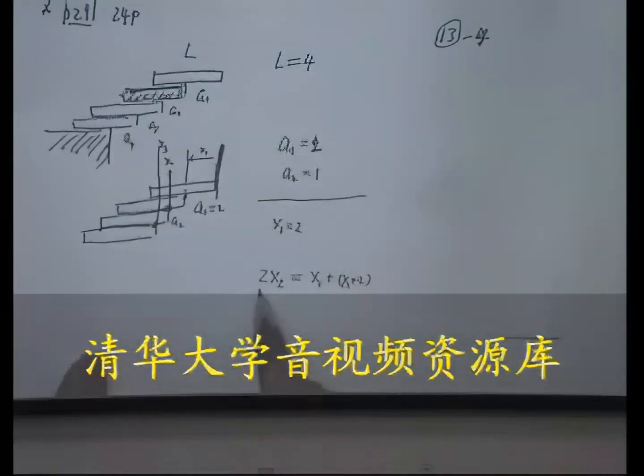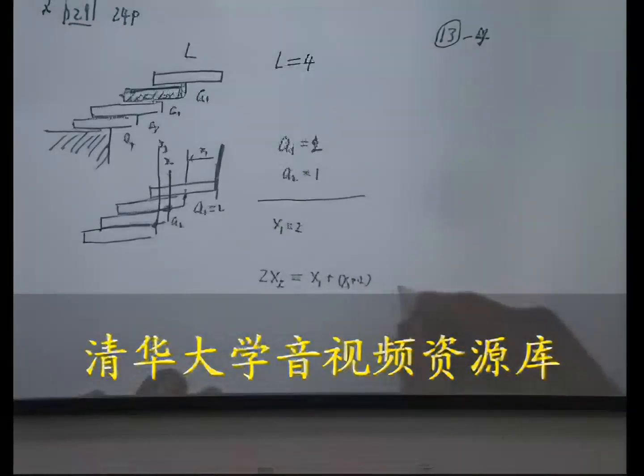So the sum of m times x of the center of mass is equal to m1x1 plus m2x2. All m's are equal to 1, so it's equal to x1, the position of the center of mass of the first block, plus x1 plus 2, the position of the center of mass of the second block, because you have moved by 2.